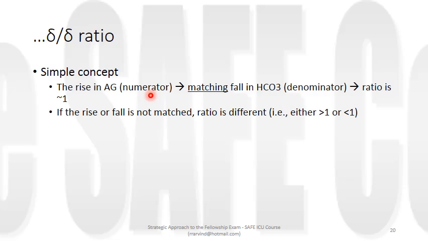Therefore, for every rise of the numerator, there will be a fall in the denominator. Therefore, the ratio of one versus the other will always be maintained at 1. And if this is not matched, if either the rise or the fall is not matched, the ratio suddenly becomes different and it becomes either more than 1 or less than 1. That is the concept.